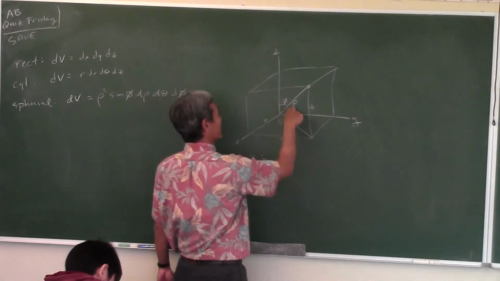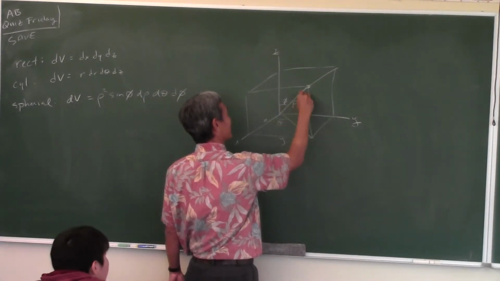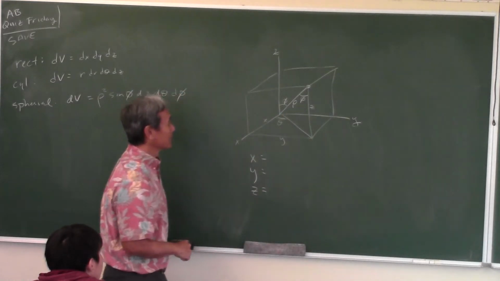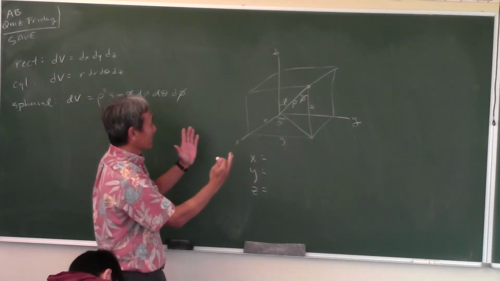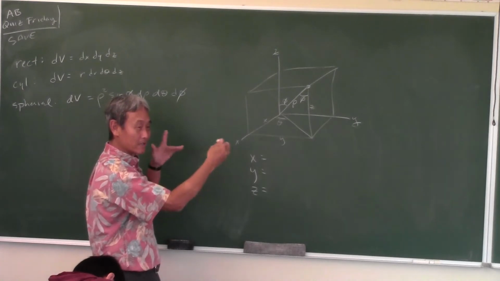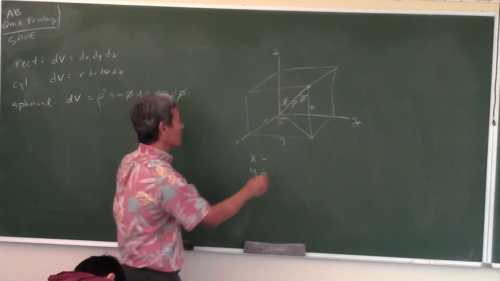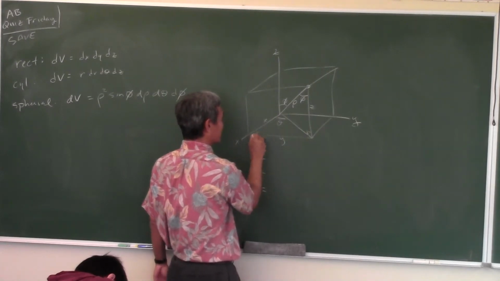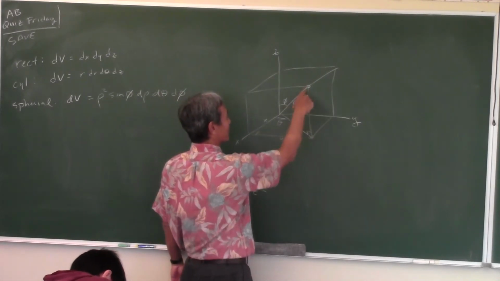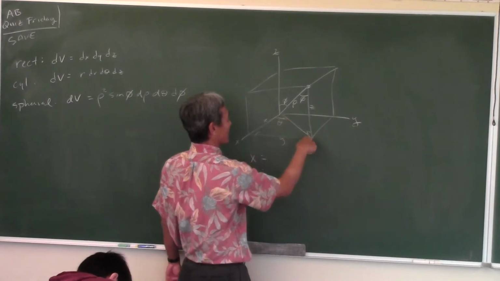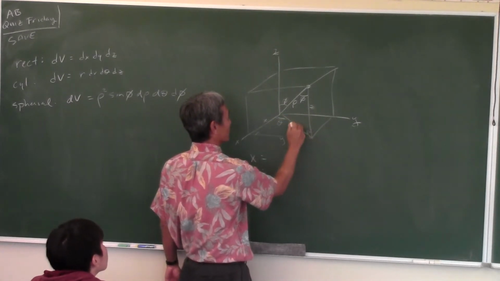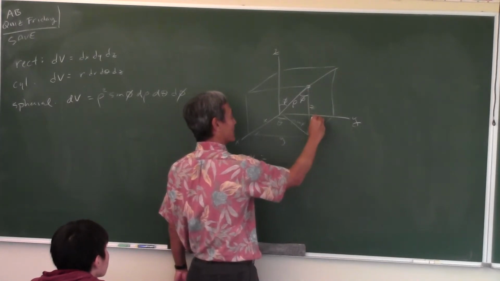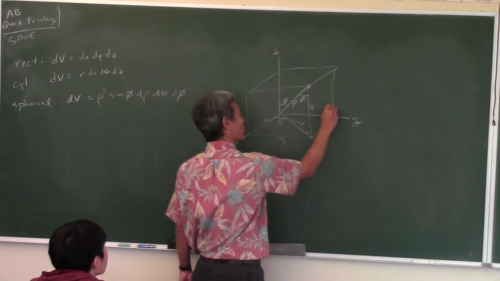Well, look, if this is phi, isn't this angle here also phi? Because it's got two parallel lines cut by another line, so the alternate interior angles are equal. If you have a right triangle and you know the hypotenuse, then what's the length of this opposite side over here? Rho sine phi, and the length of this adjacent side would be rho cosine phi.